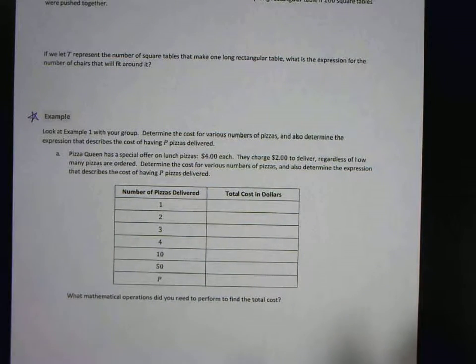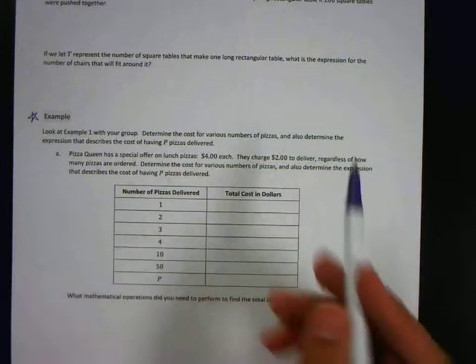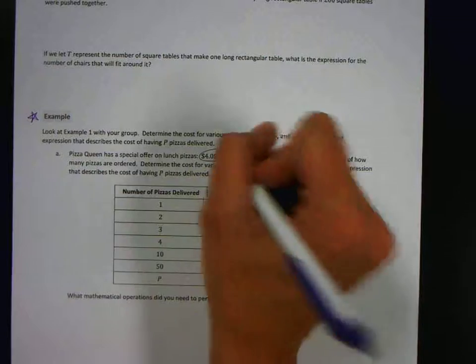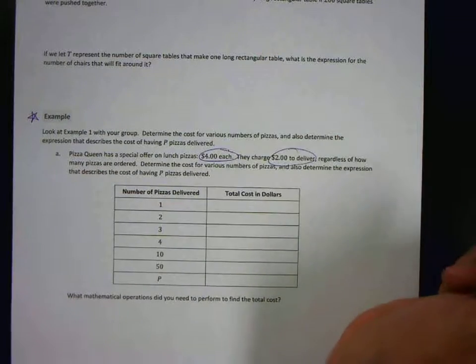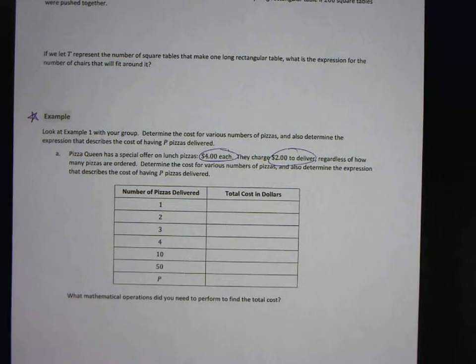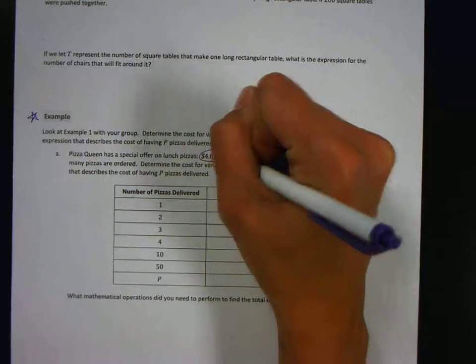You're at your parents' house or grandparents' house or wherever, your friend's house, and you need to order pizza. Well, there's delivery fees whenever you order pizza, no matter how many you deliver. Okay, so let's cube this problem. I have $4 for each pizza, $2 to deliver the pizza. Okay, each pizza.